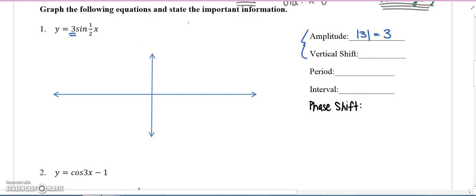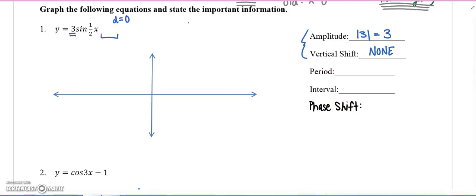Our vertical shift is the number that you're adding on the end, which in this case there's nothing there. So D equals 0. I'm going to change that to say there is no shift at all, just to keep in mind that it is an actual shift. So there either is one or there isn't.